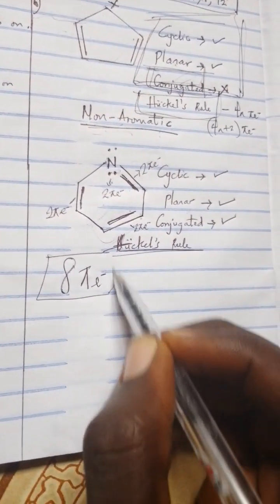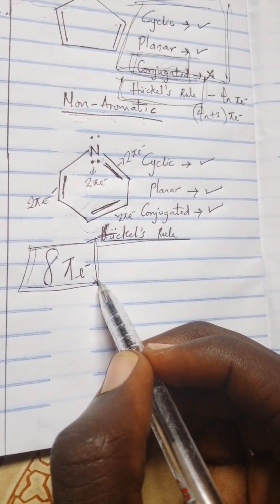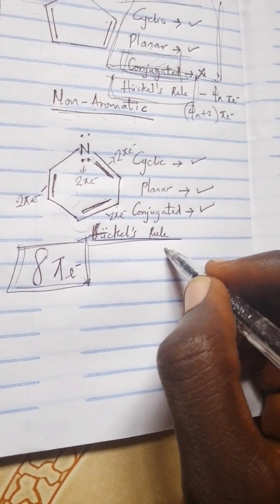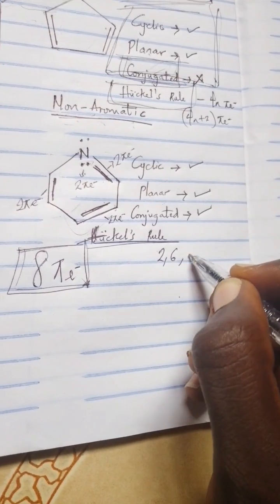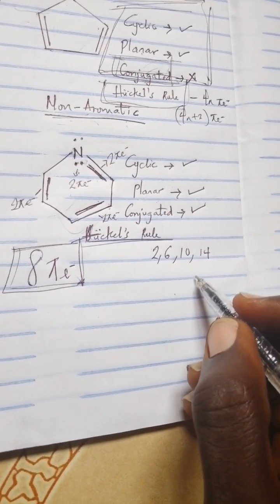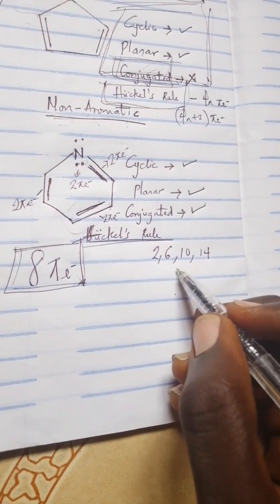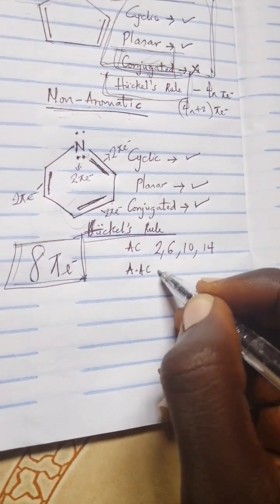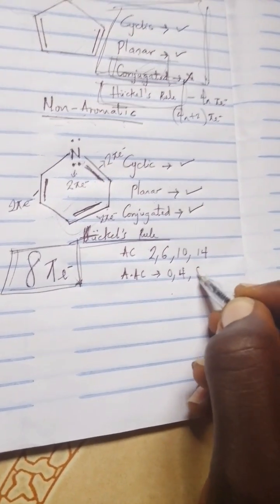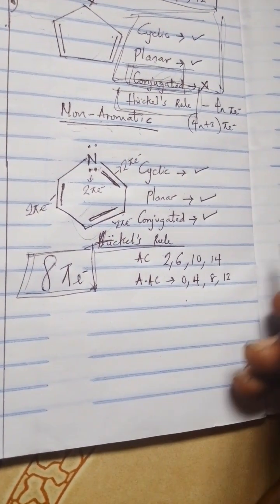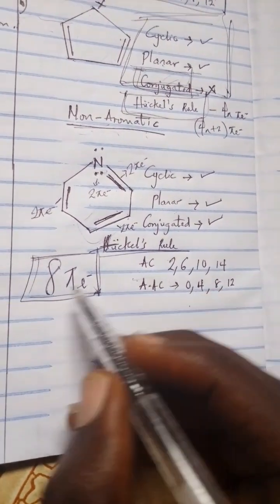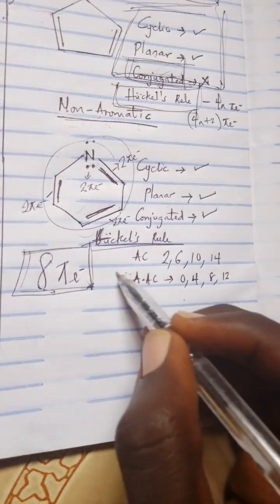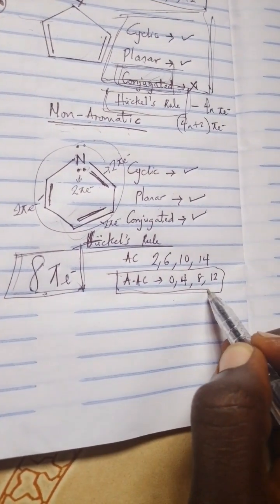Now, when you have 8 pi electrons, you must relate it to anti-aromatic and aromatic. For aromatic, it is 2, 6, 10, 14, and so on, when we put our value for n as 0, 1, 2, 3. But for an anti-aromatic compound, it is 0, 4, 8, 12, and so on. The total number of pi electrons for this particular compound is 8, and it falls within the anti-aromatic pi electrons.